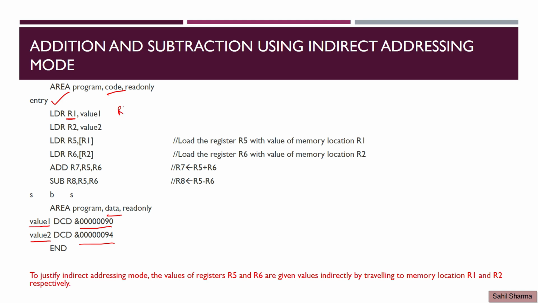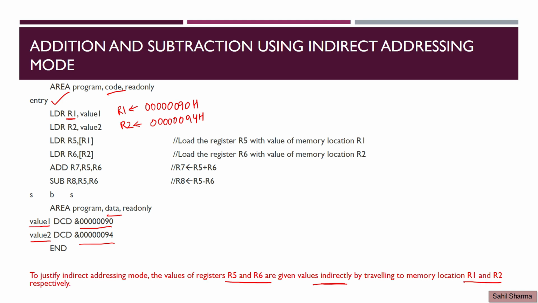So R1 holds 0090H. R2 holds 94H. Now to justify indirect addressing mode, the values of R5 and R6 are given values indirectly by traveling to memory location R1 and R2.